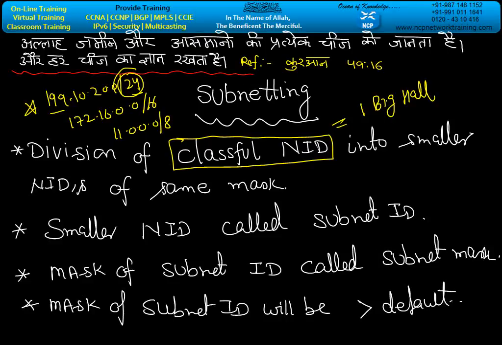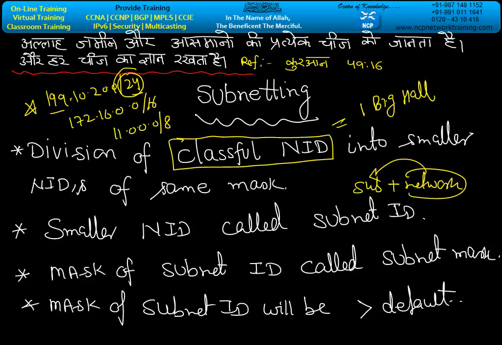Sub means sub plus network, a part of a network. So after dividing the classful network into smaller networks, whatever mask comes out, you can call it the subnet mask. Whenever you apply an IP address on a network device, the machine takes the mask automatically.